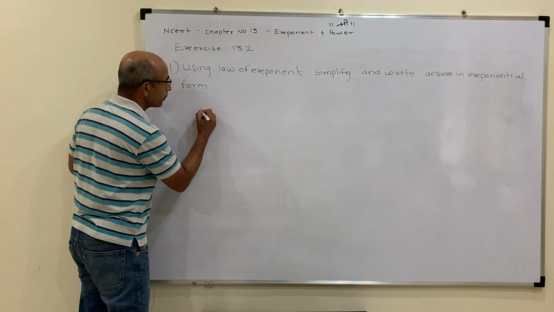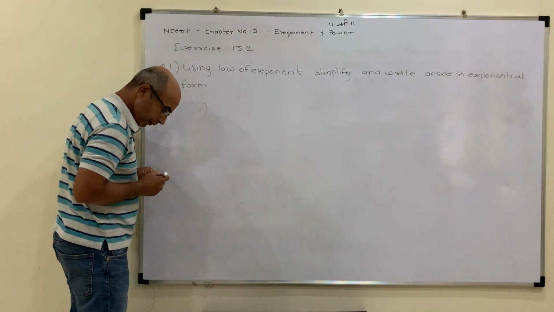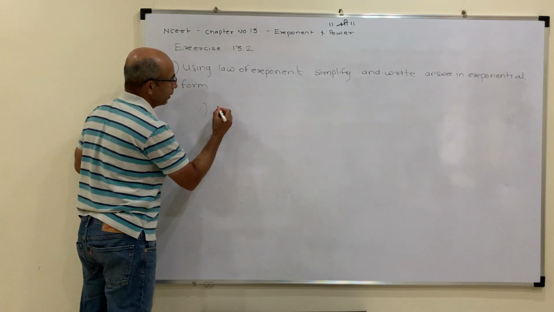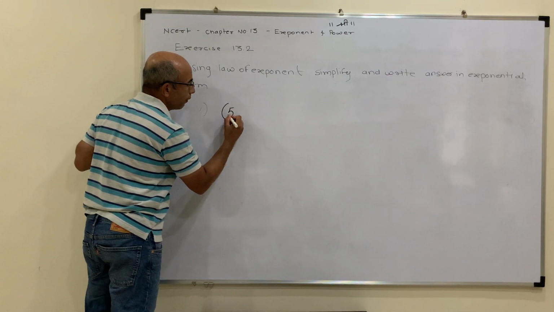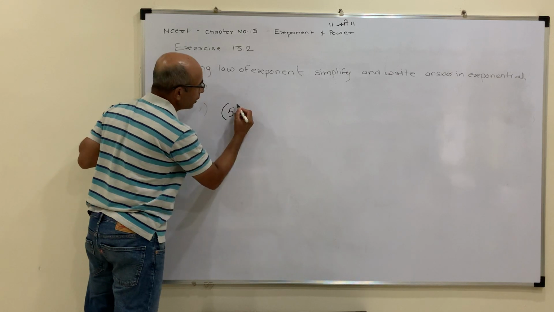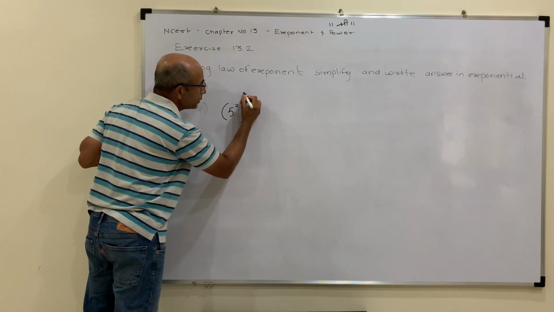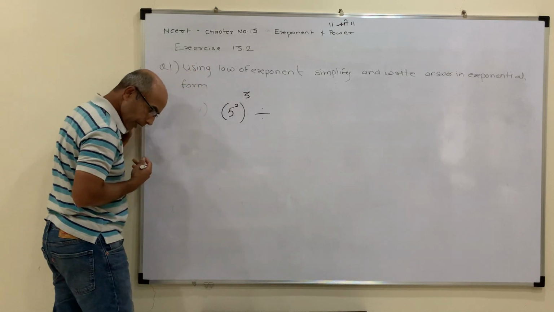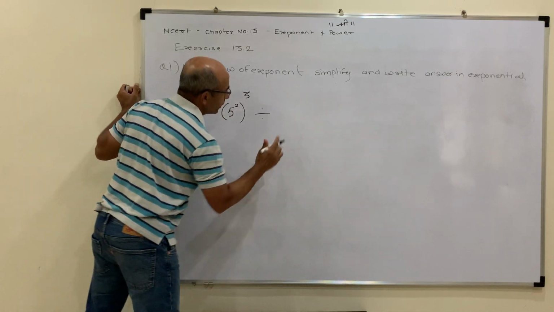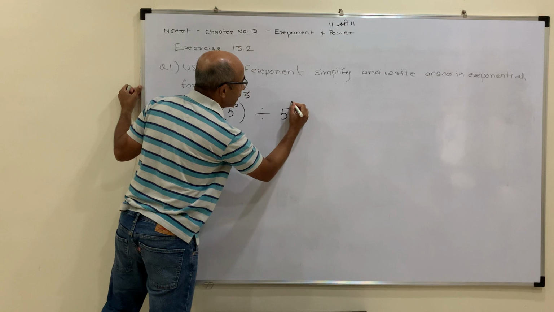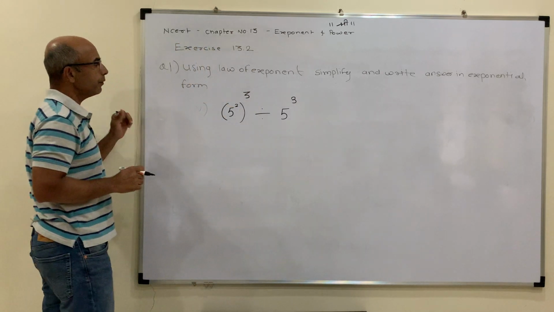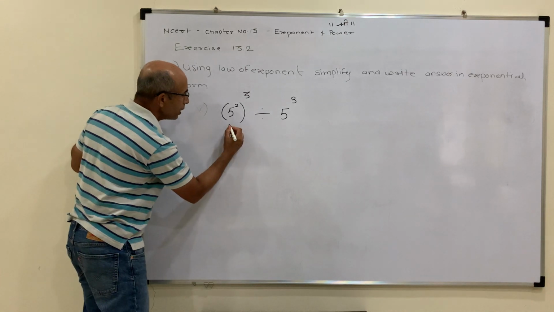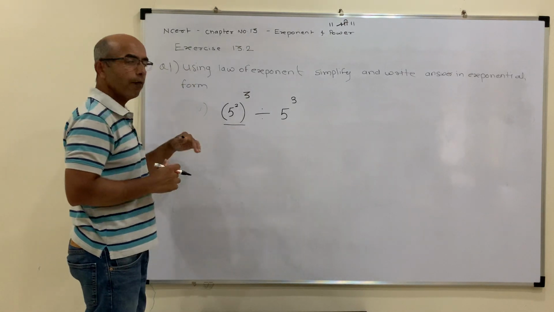Fifth one is 5 square raised to the power 3 divided by 5 cube. Now here we will be applying two laws. The first law is for this one, power to power.